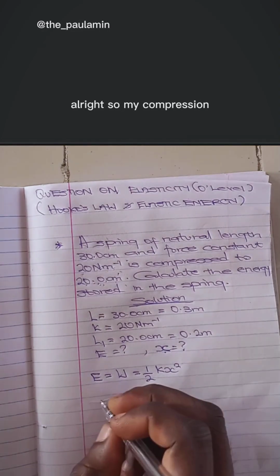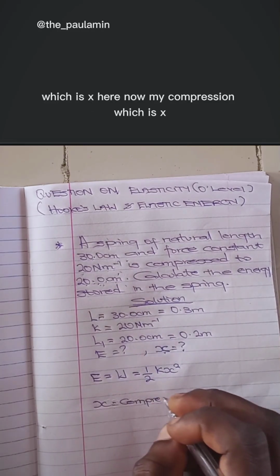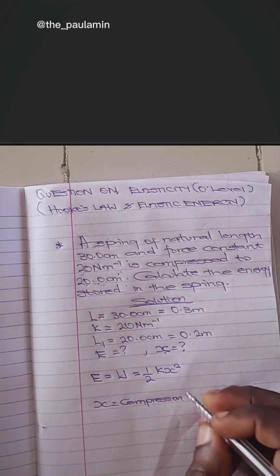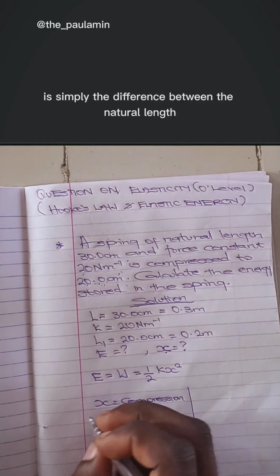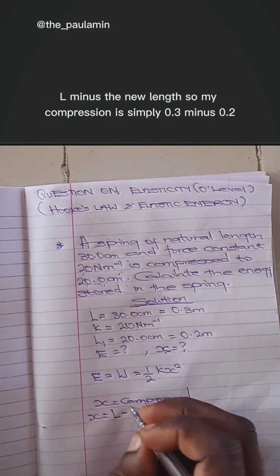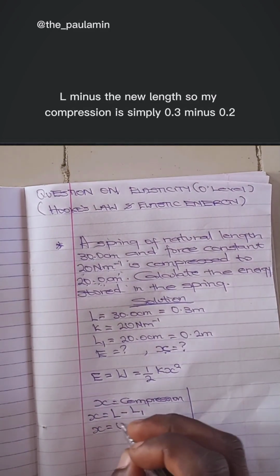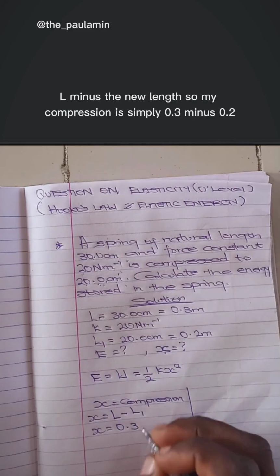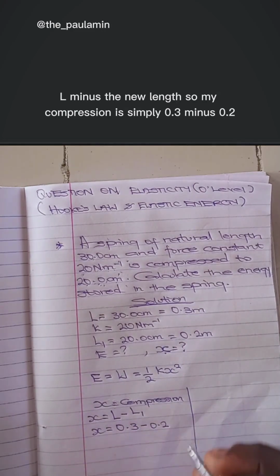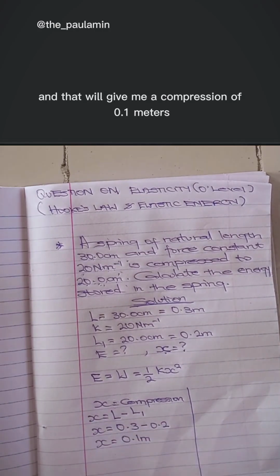All right, so my compression, which is x here now, is simply the difference between the natural length L minus the new length. So my compression is simply 0.3 minus 0.2, and that will give me a compression of 0.1 meters.